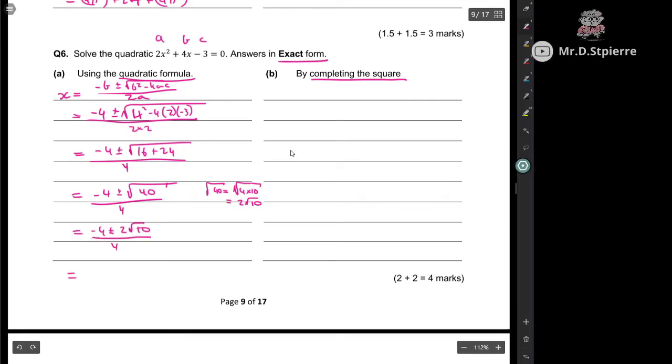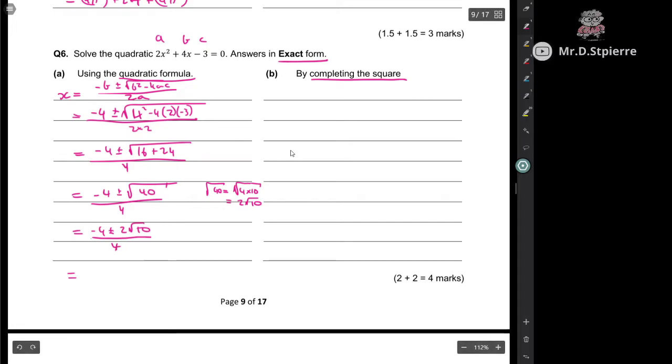We can simplify the fraction a bit by taking out 2.